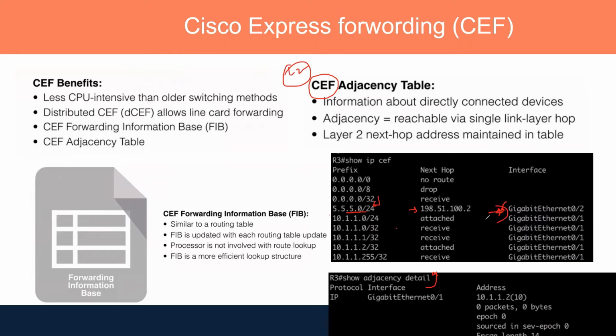You got my point? It is not going to check whether the destination is actually reachable or not. It is going to immediately send that packet to that particular interface on the basis of RIB, or FIB information, you can say.